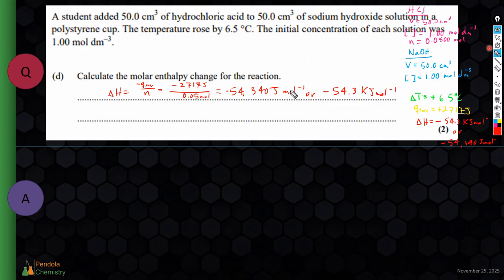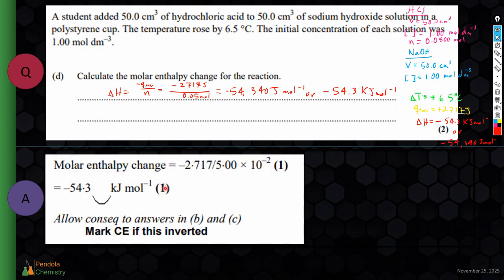Either way, you'll get the right answer because the question is not asking for a specific unit. If it was asking for either joules or kilojoules, you will need to put in the proper unit. But because they're not asking for a specific unit, we can get away with either, as long as we have our unit on the number.